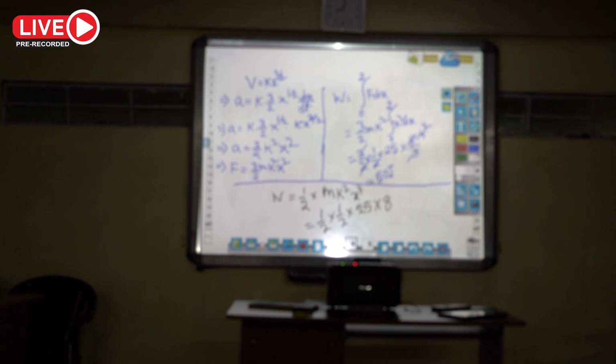The work energy theorem you can always apply, whether it is a constant force or a variable force. So using that you can find the answer quickly. If you have too much time, you can do the integration.